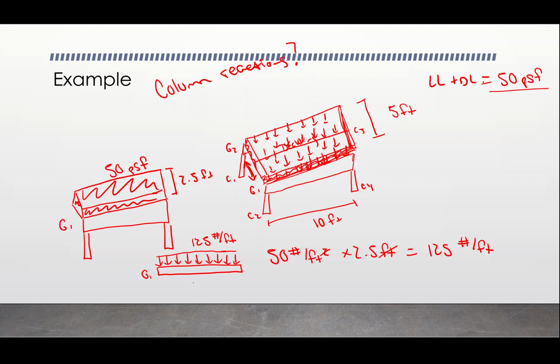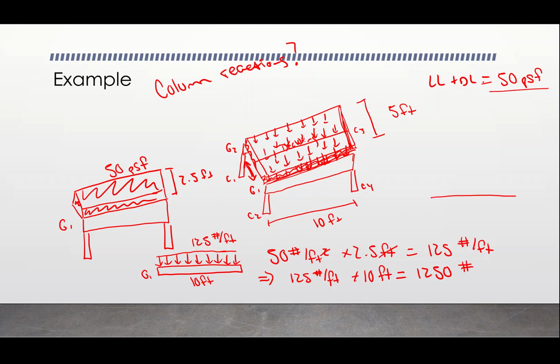That girder 1 is 10 feet wide, so my next step is 125 pounds per foot times 10 feet, which is 1,250 pounds.